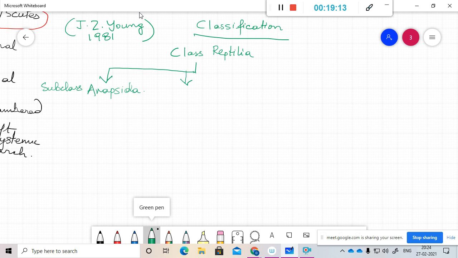Then you have the subclass Lepidosauria, and another one which is living, the subclass Arcosauria. There are many dead ones, the dinosaurs and all, we don't study that.